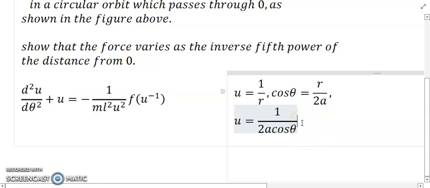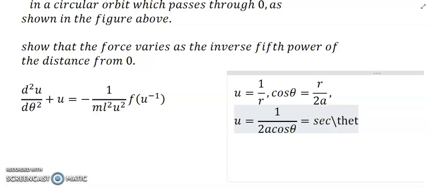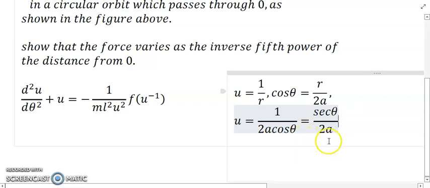Then we get U equal to secant theta divided by 2a. This is the nice equation, as you can see.